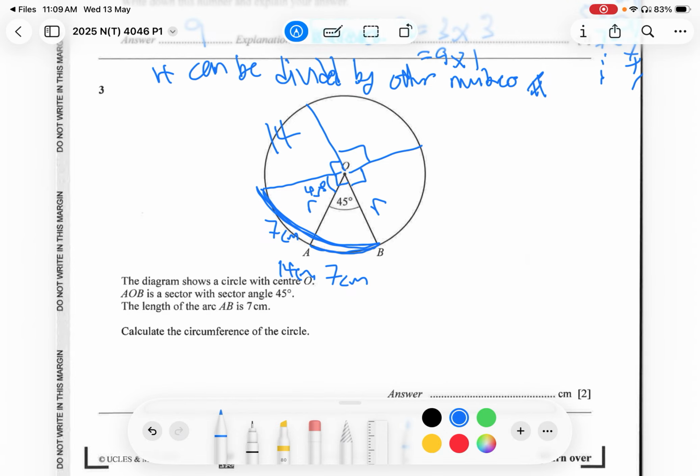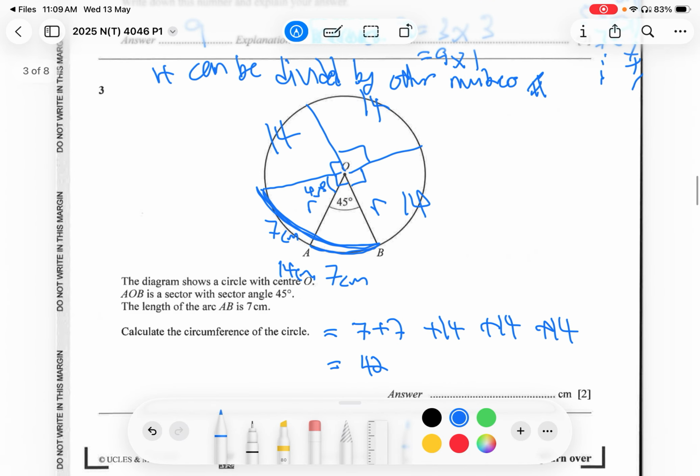So this is 14, 14, 14. So the circumference of the circle is 7 plus 7 plus 14 plus 14 plus 14. It is 56. That's my answer.